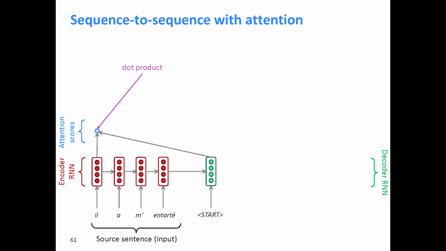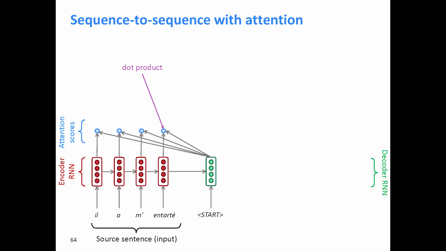On the first step of our decoder, we have our first decoder hidden state. What we do is we take the dot product between that decoder hidden state and the first encoder hidden state. Then we get something called an attention score, which I'm representing by a dot. That's a scalar. And in fact, we take the dot product between the decoder hidden state and all of the encoder hidden states.